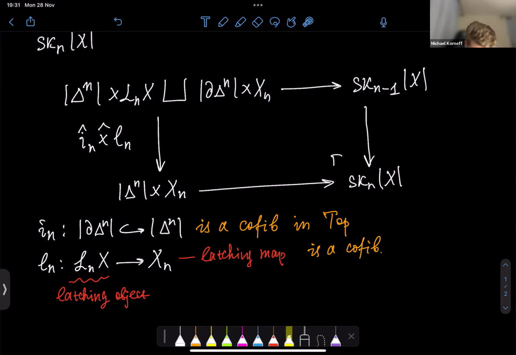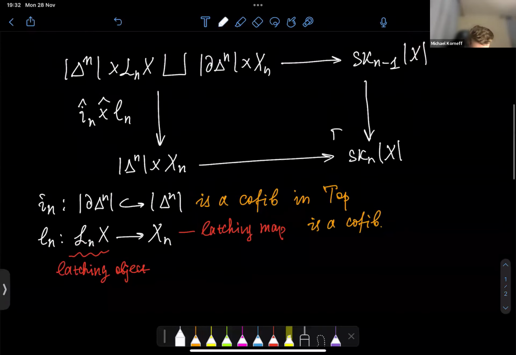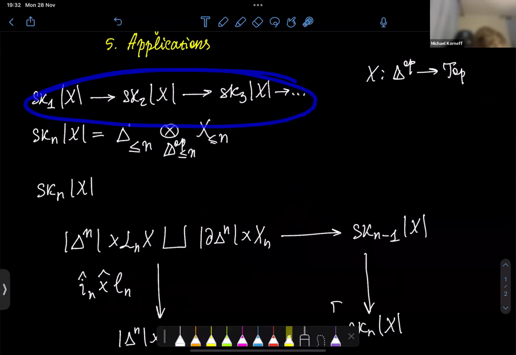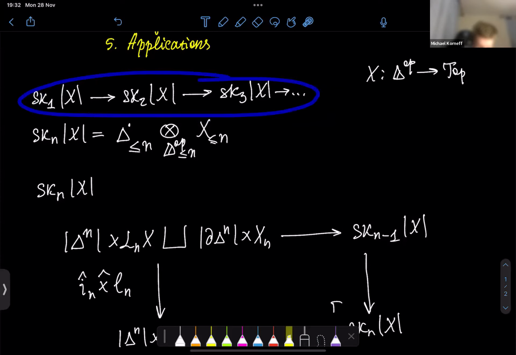So the pushout of a cofibration is also a cofibration, and we have that this arrow is a cofibration, and in this sequence we have a sequence of cofibrations, and of course each term of this diagram is also cofibrant because we are in the Top setting. So for this diagram, homotopy colimit is the same as the usual colimit of this diagram.